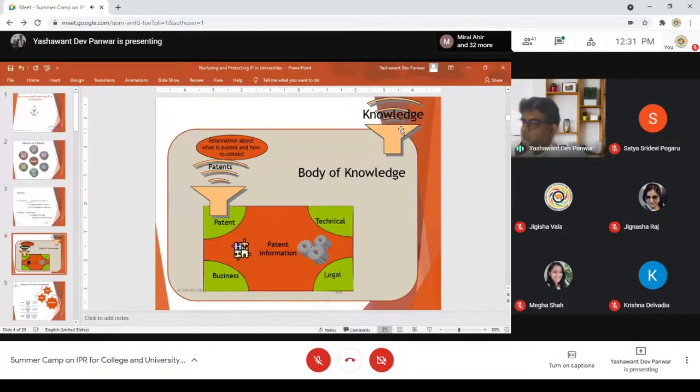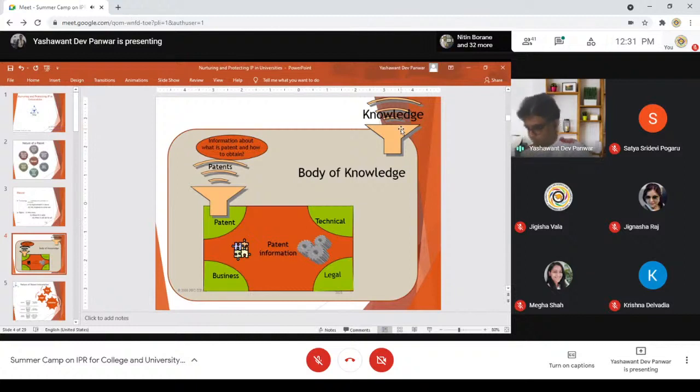So the body of knowledge is ever growing, and patents play a very important role. But other intellectual property rights, if you're writing a book, copyright, music, creating a design, all other IP play a very important role.